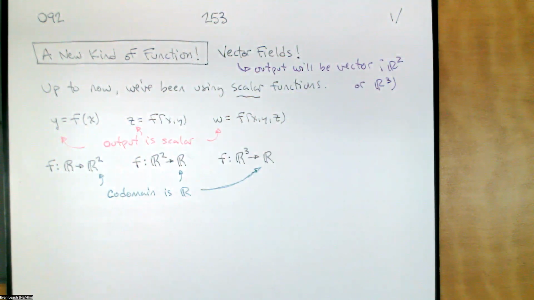We're going to use some different notation to distinguish our vector fields from just regular old functions. This is not necessary. It's going to be a local thing that we do. It's very common, but we're going to use different names for things.